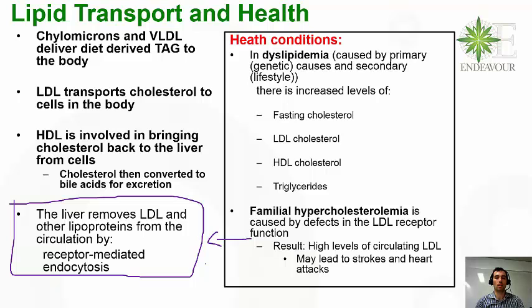That means you're going to have a higher level of LDL in the body, which is what we call our circulating cholesterol. This increases your risk of cardiovascular diseases like strokes and heart attacks. So we want to maintain adequate levels of these cholesterols to perform the functions, but we don't want them to be too high, especially our LDL.